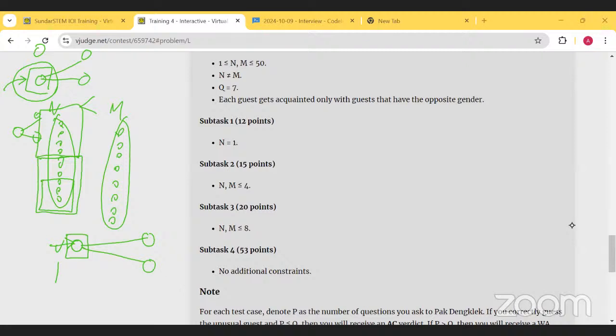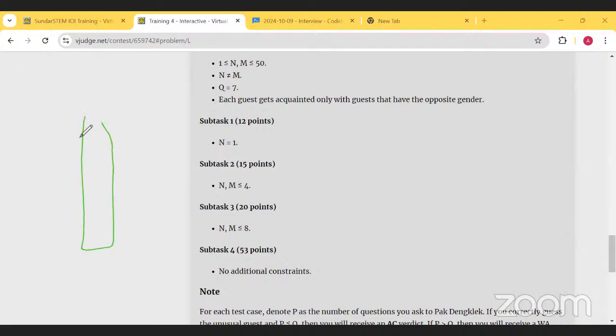That's why if we ask a half of men, and the number of women is more than that half, like this, then there should be at least one man here. The proof is using the pigeonhole principle, right?